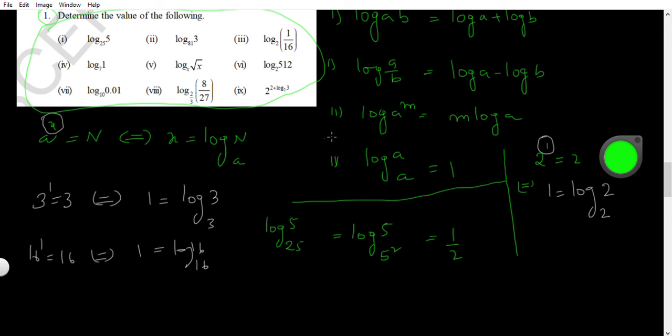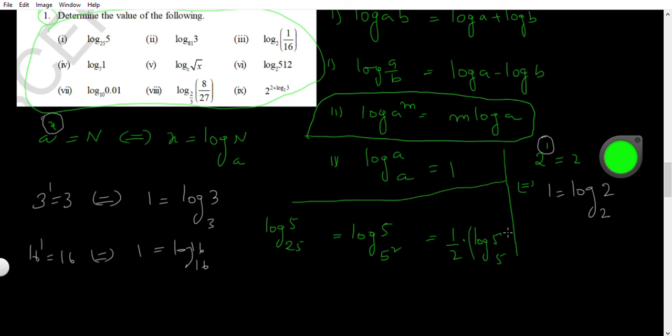By the logarithm formula, see here is the exponent rule: logarithm of a power m is equal to m log a. Here we have power on the base, so we can write 1 by 2 into logarithm of 5 to the base 5.